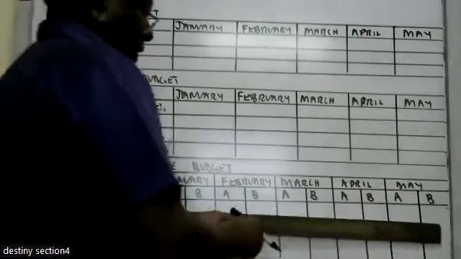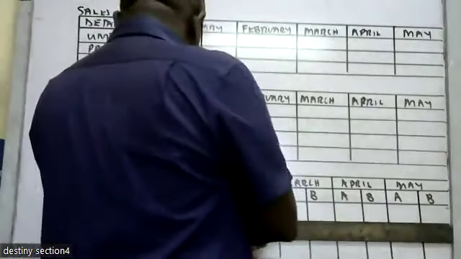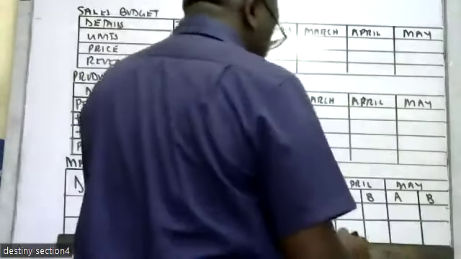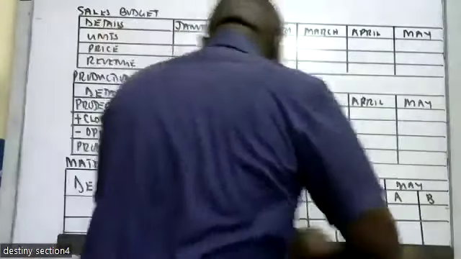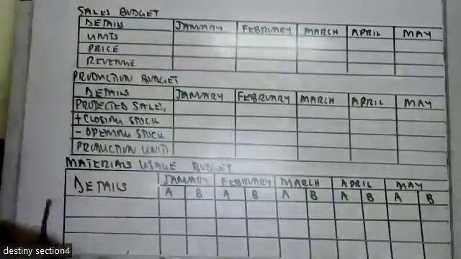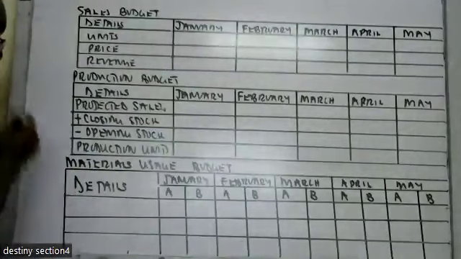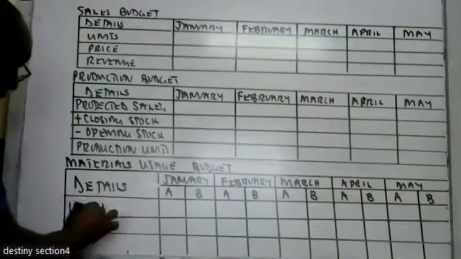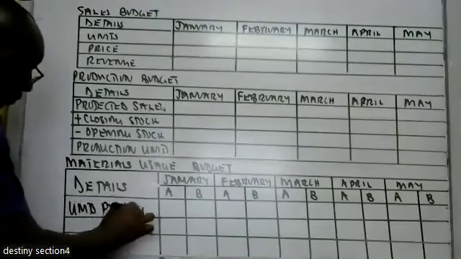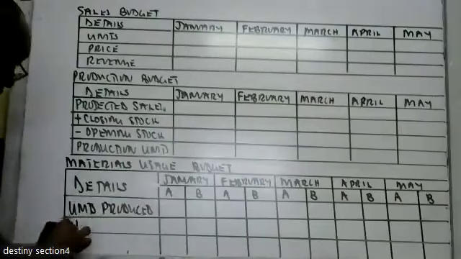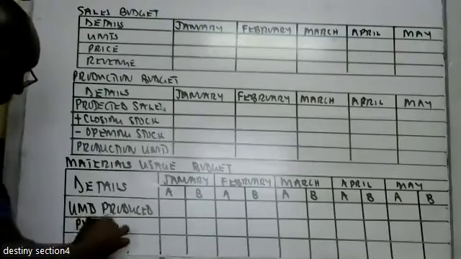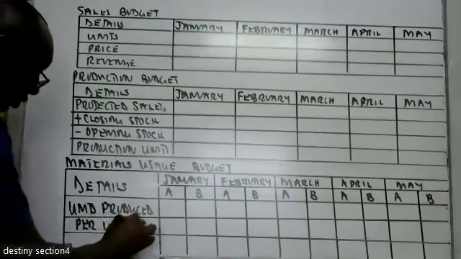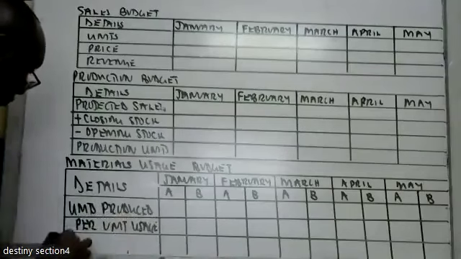So, itaiwekea 3 lines, so units produced. So a unit usage. So total usage.